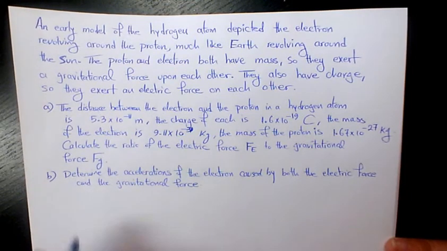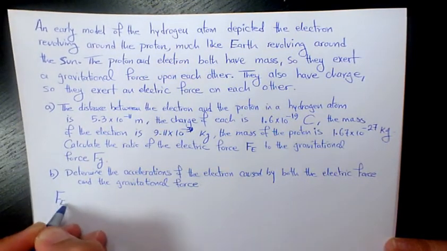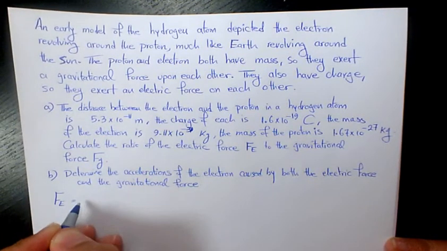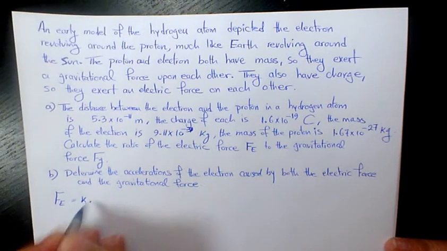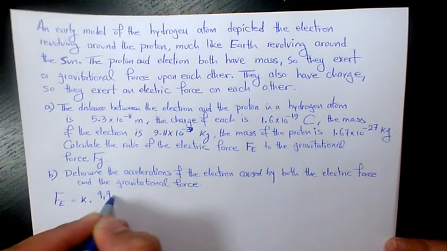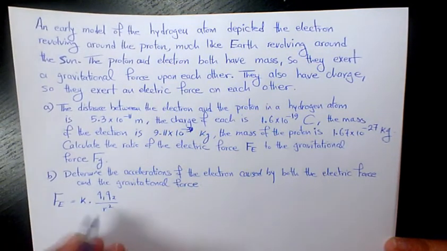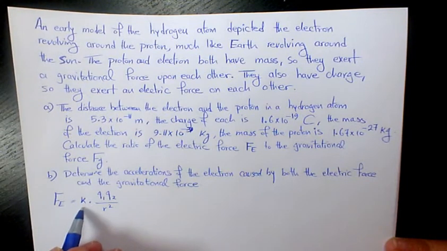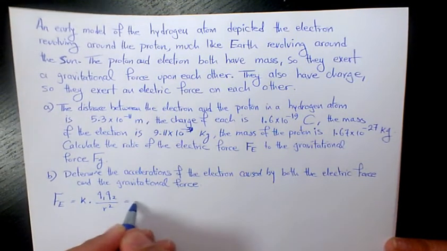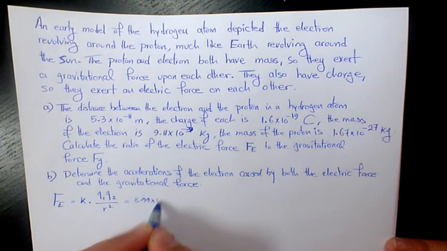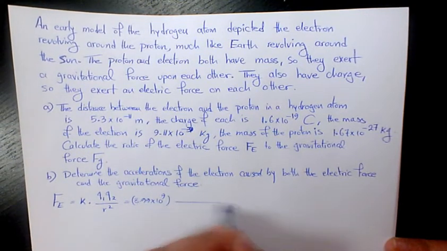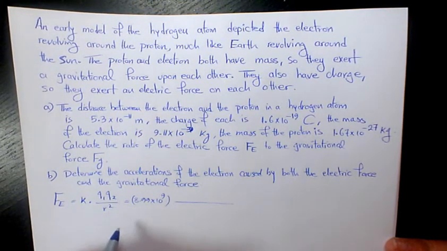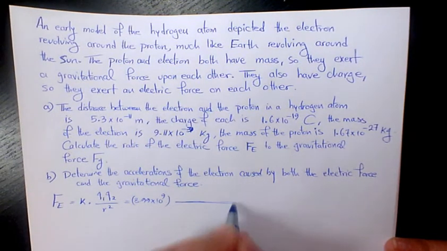So what I can do, electrical force is, based on Coulomb's law, K times Q1 times Q2 divided by R squared. K is Coulomb's constant. It is 8.99 times 10 to the power of 9. Q1 and Q2 are the charges of two particles. We have electron and proton.